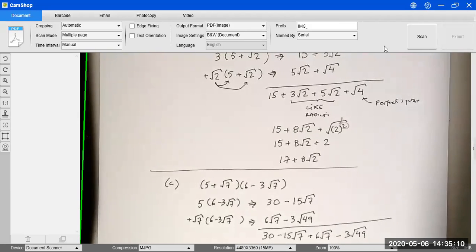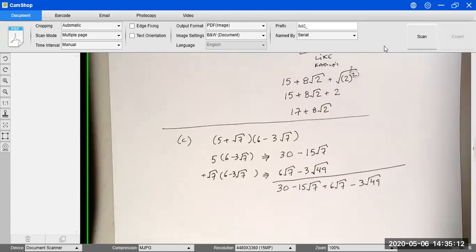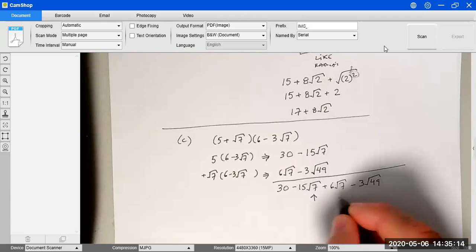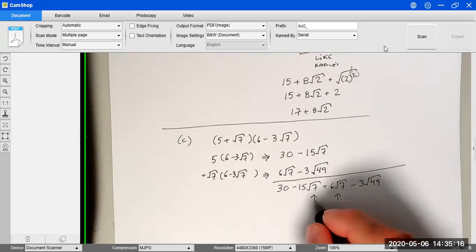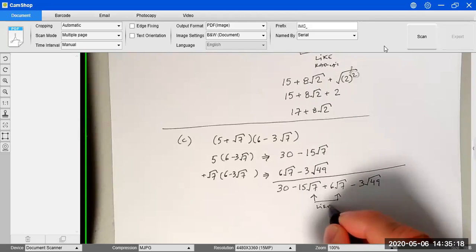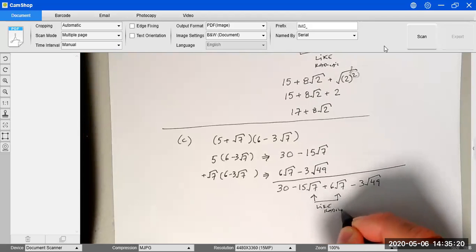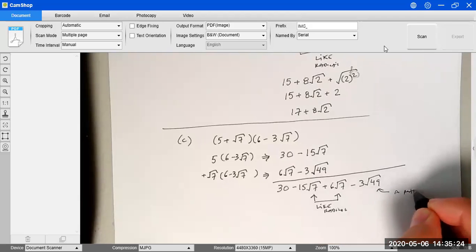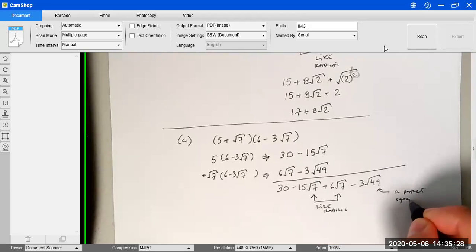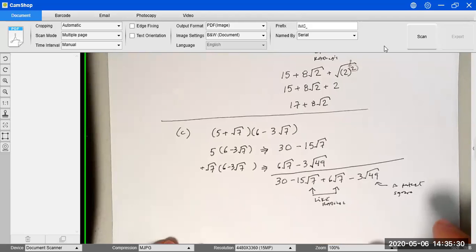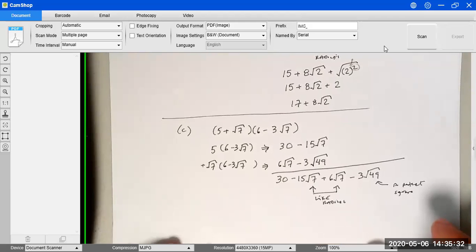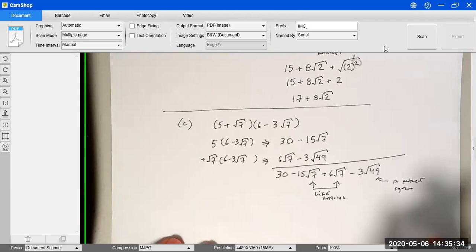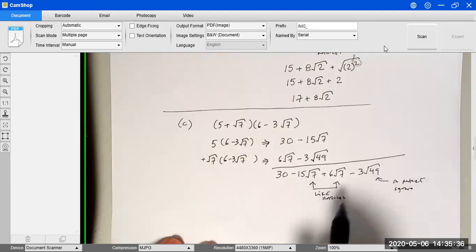We have like radicals, and also we have a perfect square under a radical. Anytime that we have a perfect square, or that we can break a number involving a perfect square, things are going to be easier because we're going to be able to simplify something.